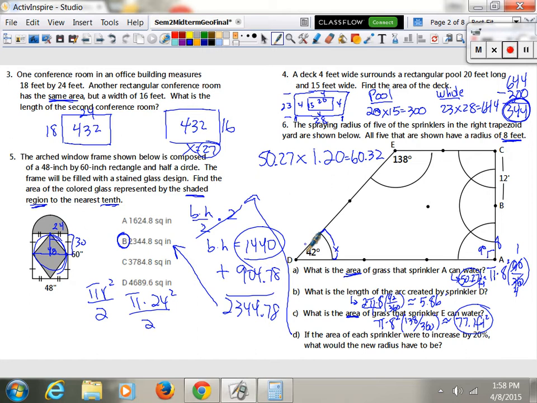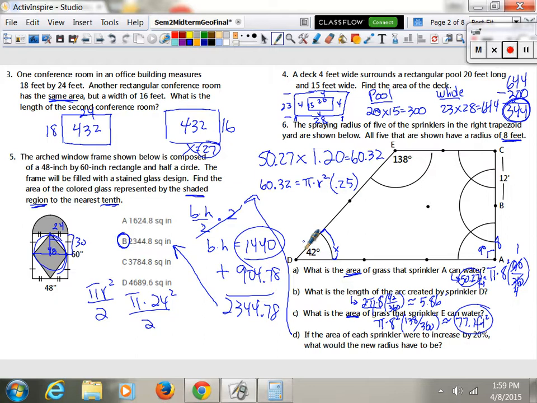So I plug it into my formula that I used to get this 50.27. I'm going to put 60.32 equals pi times radius squared. We don't know the radius, but what we do know is that the angle was 90 over 360, which is 0.25.